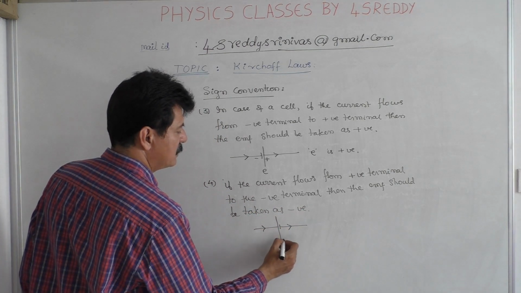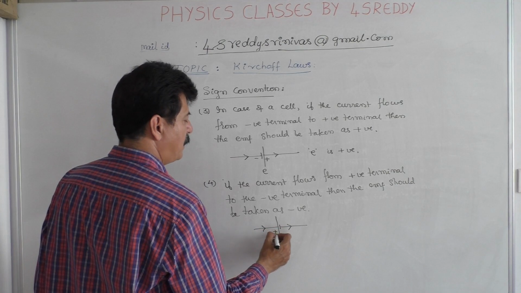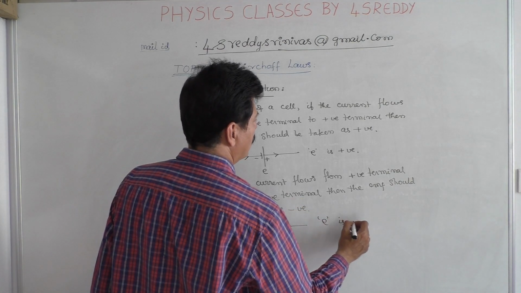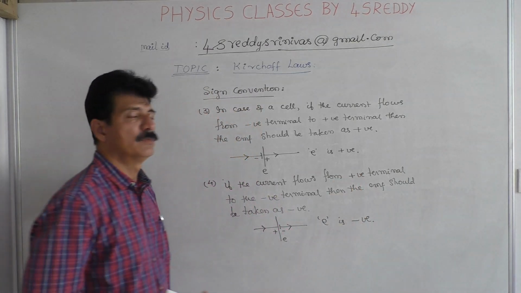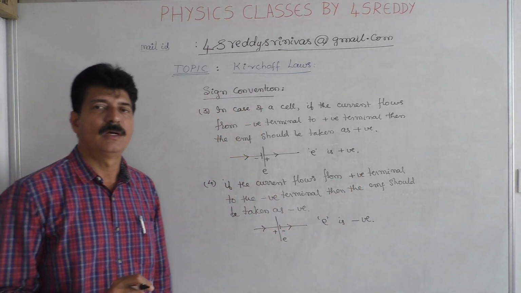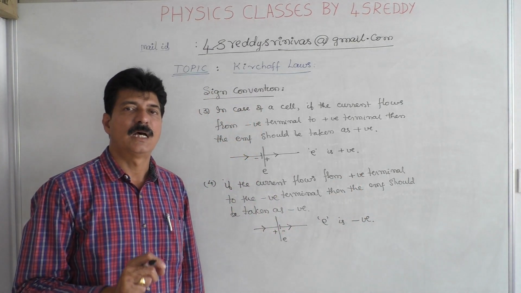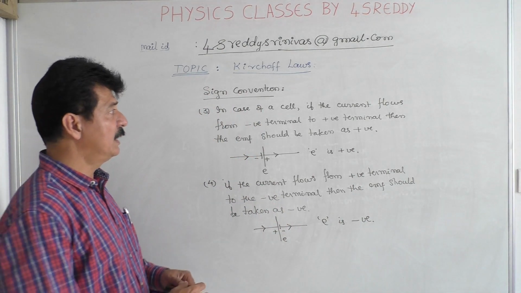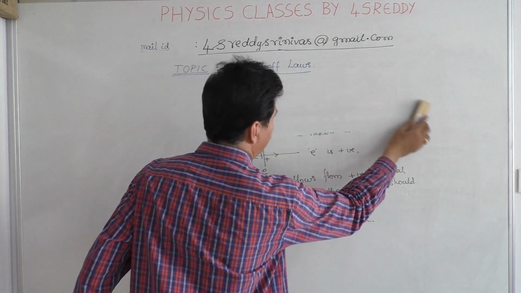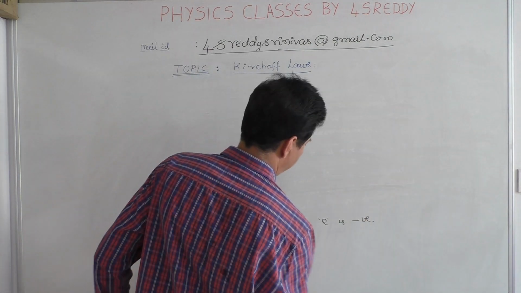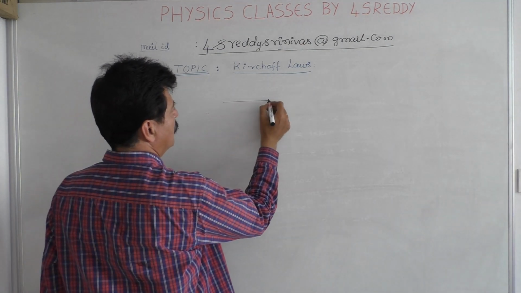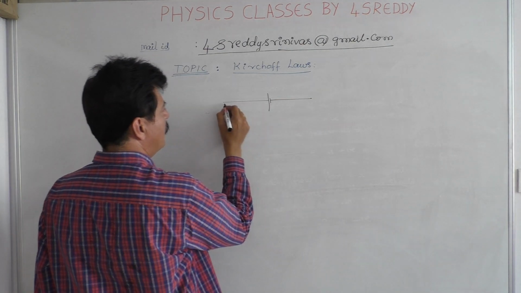If this is the case, and here this is plus and this is minus, then e is negative. This is the sign convention that we have to adopt while solving problems related to Kirchhoff laws. And here, if you apply all these things for any given, suppose you are given a loop like this.